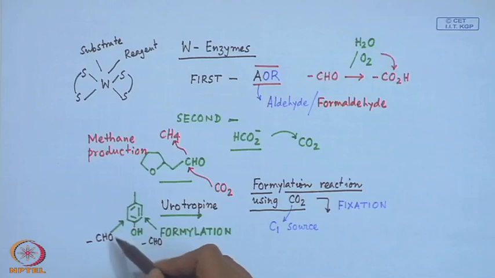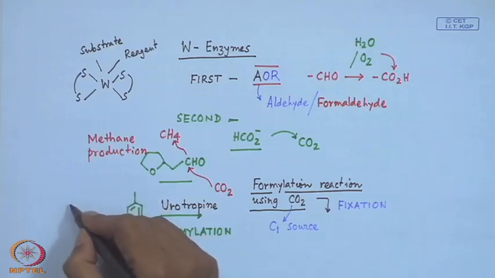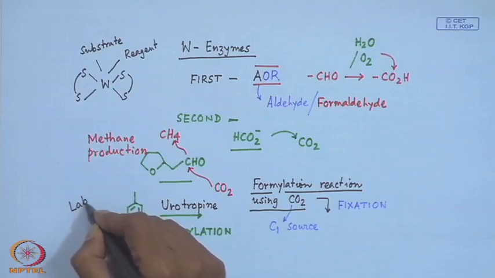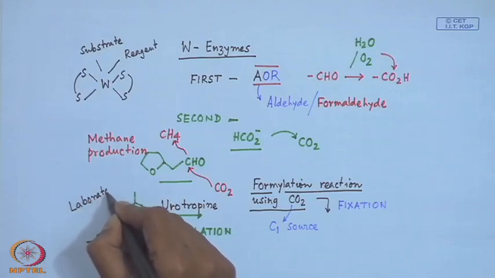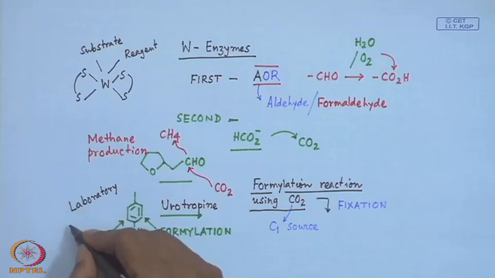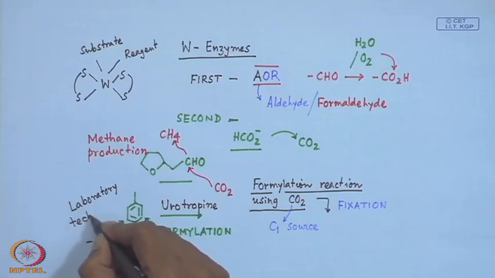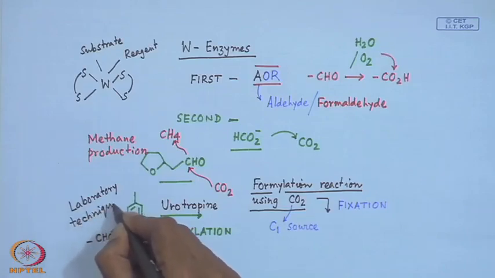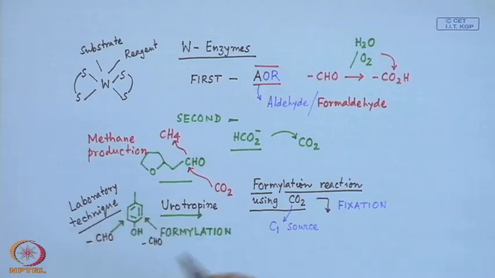So, when we have para substituted phenol, this is a laboratory technique for formylation, and we get the 2,6-dialdehyde molecule. So, substituted dialdehyde molecule, whereby insertion of two formyl groups on the benzene ring gives us the product around this particular phenol OH function.